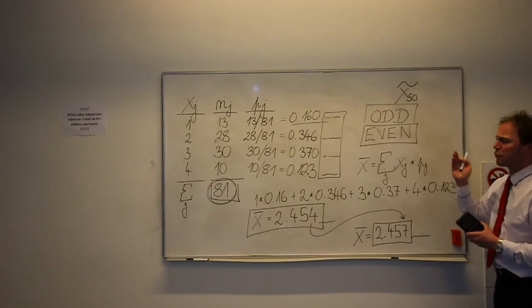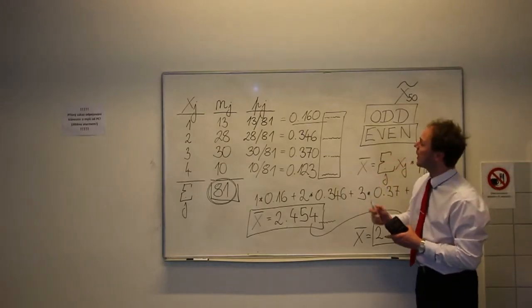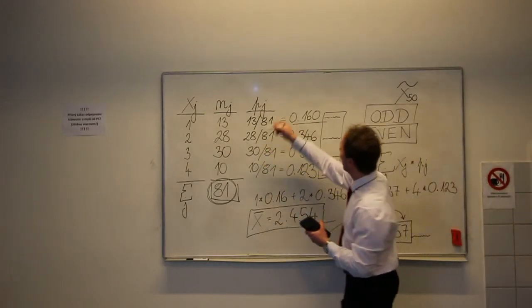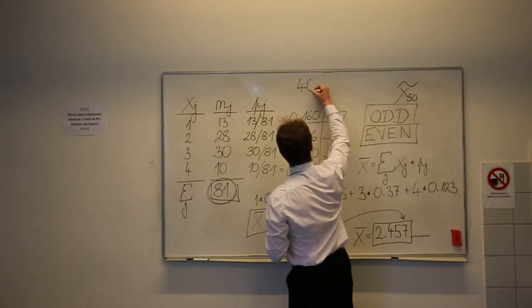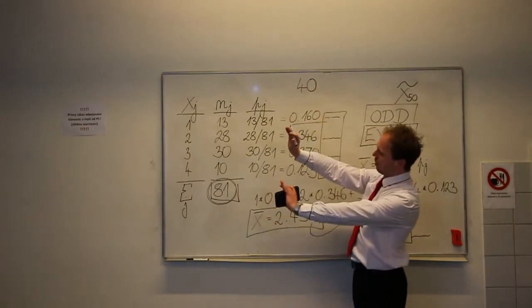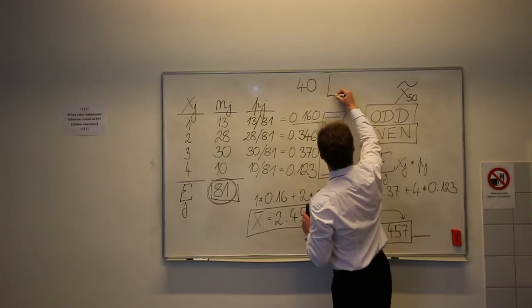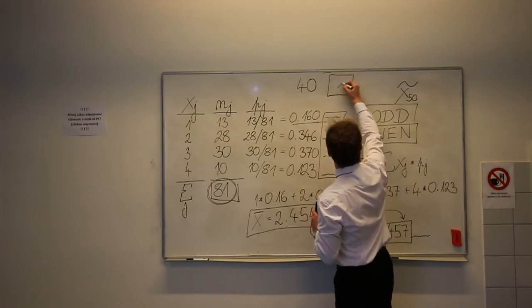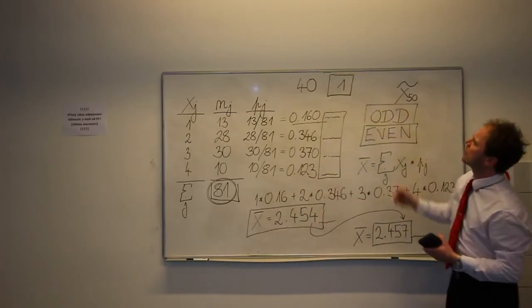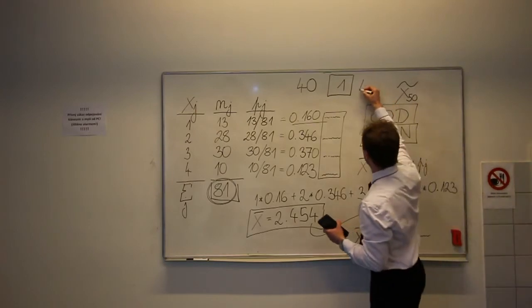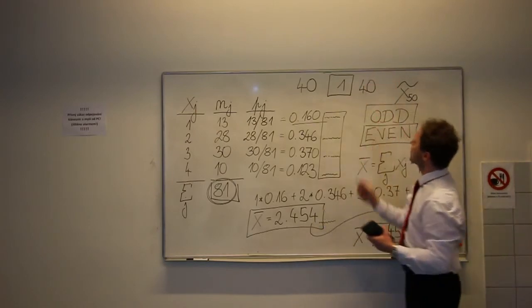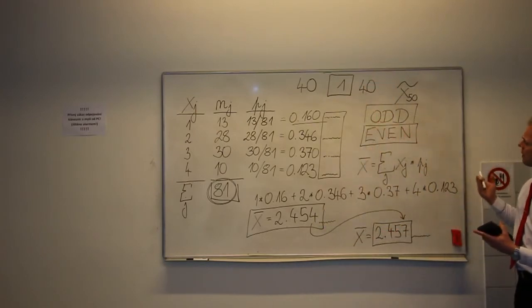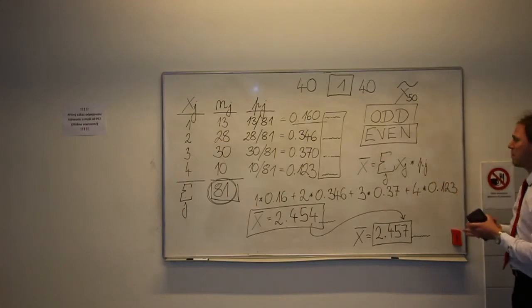So the median physically exists. We will have 40 students below the median, there will be the median student, and the other 40 students above the median. So where is the median?